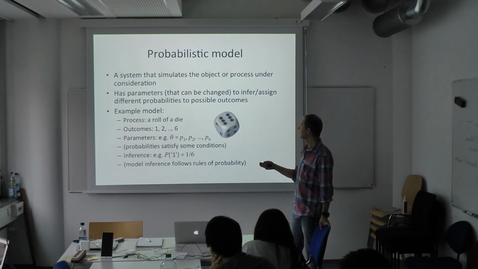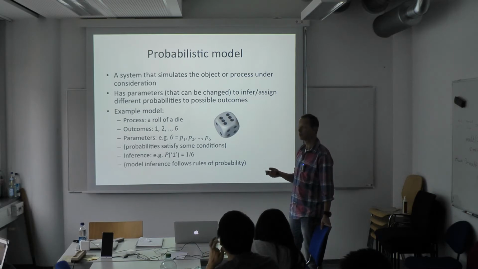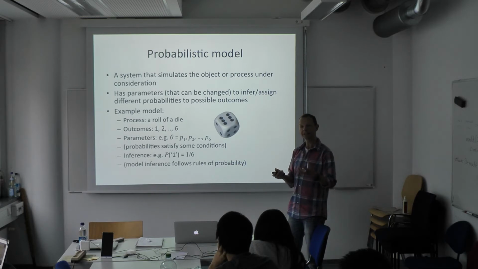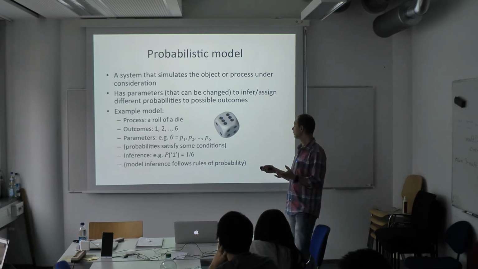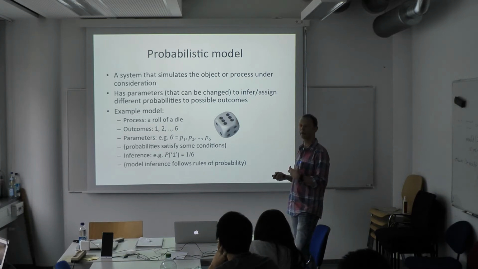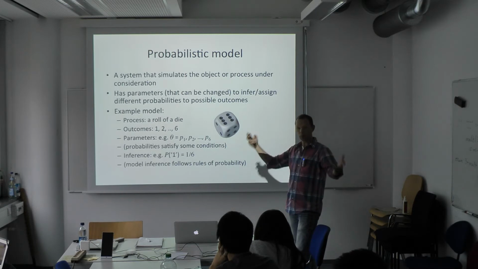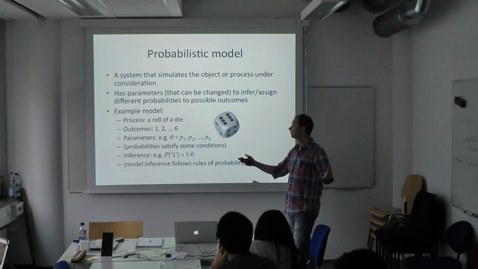And we have a number of different outcomes, and we have parameters, and these would indicate the probabilities of these 6 outcomes, either directly or indirectly, depending on what the model looks like.